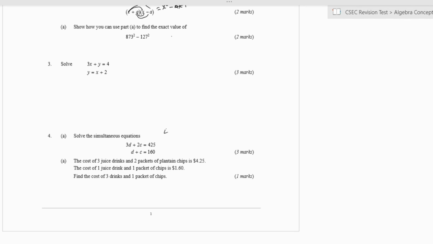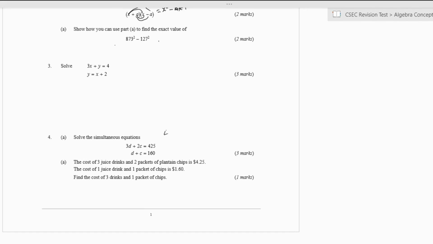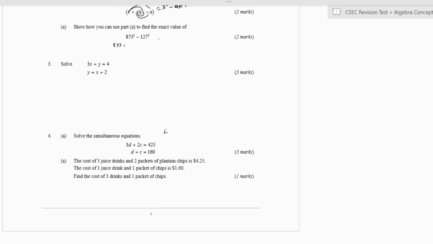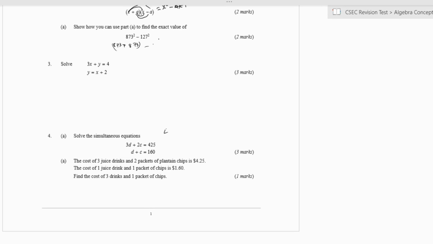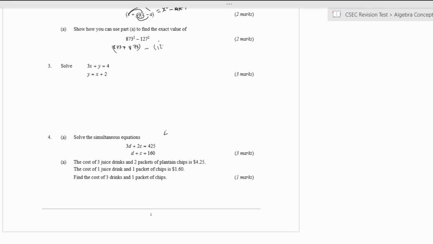In finding the square, we know we can just multiply the number by itself. So 873 squared is 873 times 873, minus 127 times 127.